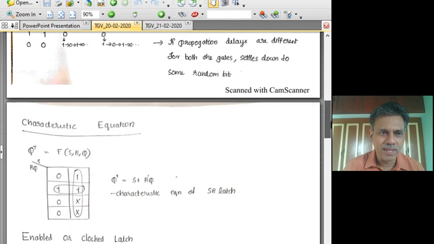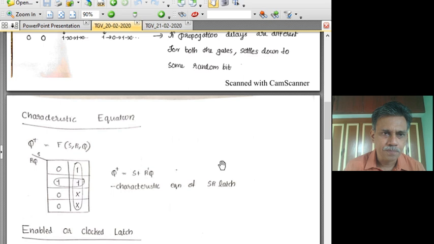We also derived the characteristic equation for the SR latch using the truth table, and we got that Q plus can be written as S plus R dash Q. Without even going through this K map, we can try to understand this characteristic equation. When S is 1, irrespective of the previous value of Q, Q plus will be 1.